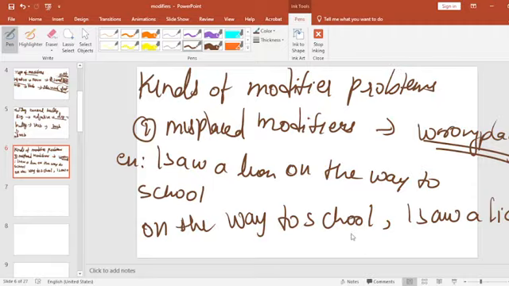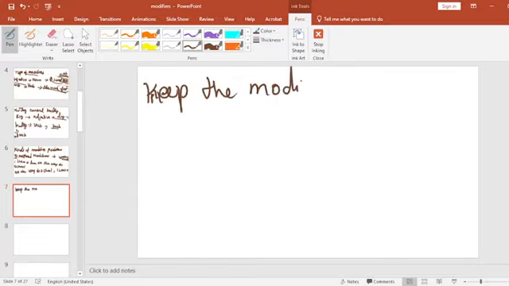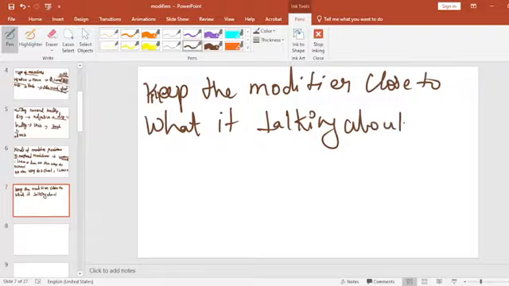So here what you have to remember is keep the modifier close to what it talks about.